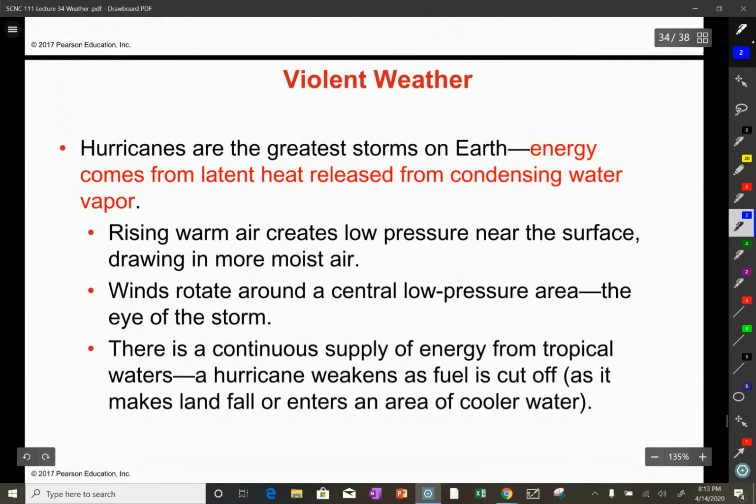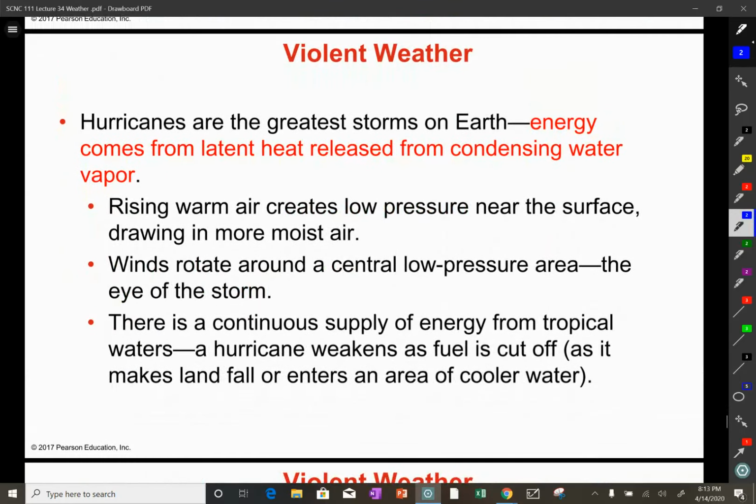Now, tornadoes and hurricanes are different because tornadoes are over land, hurricanes are over sea. And hurricanes are our most exciting, most energetic storms on Earth. Hurricanes occur over water. Their energy comes from the heat release from condensing water vapor. And it starts with warm ocean water, which creates warm, humid air above it.